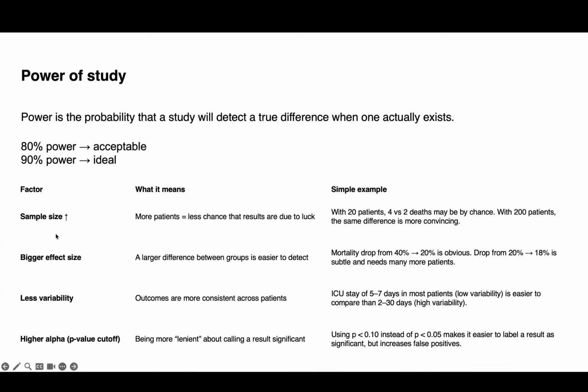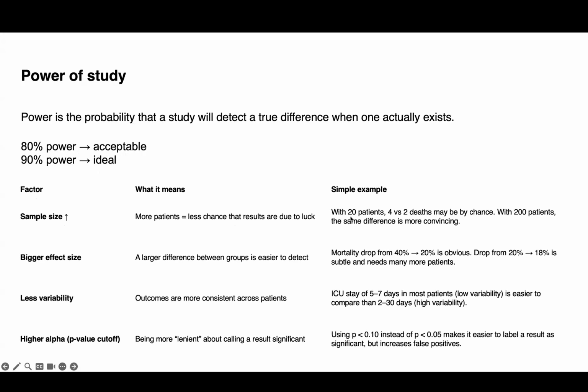So the factors that need to be considered while you look into the power of the study is the sample size. Like I said, the more the power of the study, the larger the sample size you will require. So what it means is more patients, so that is equal to less chance that the results are due to luck.